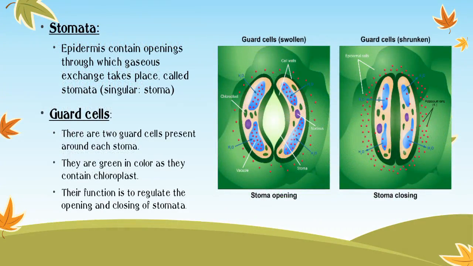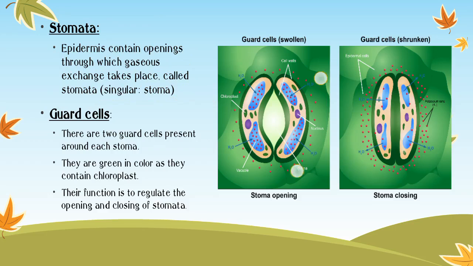The other important part of the leaf is the stomata. The epidermis contains openings through which the gaseous exchange takes place, called the stomata. The singular word for stomata is stoma. So the epidermis contains small openings.